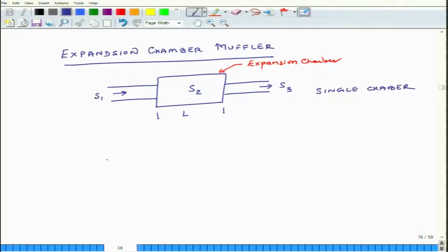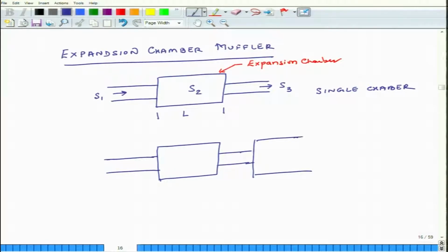and if I want to look at multiple chambers or maybe dual chamber, then it could be something like this. So, this is a dual chamber design.